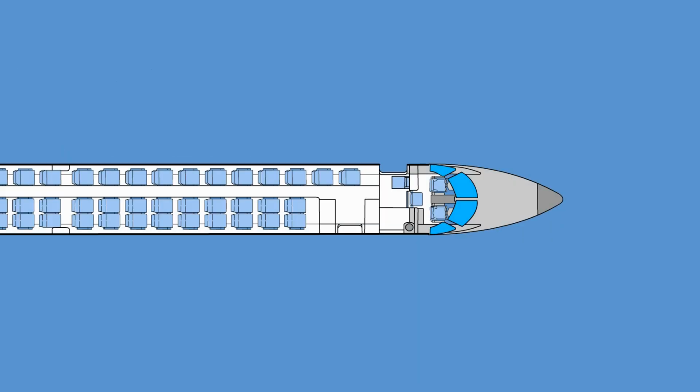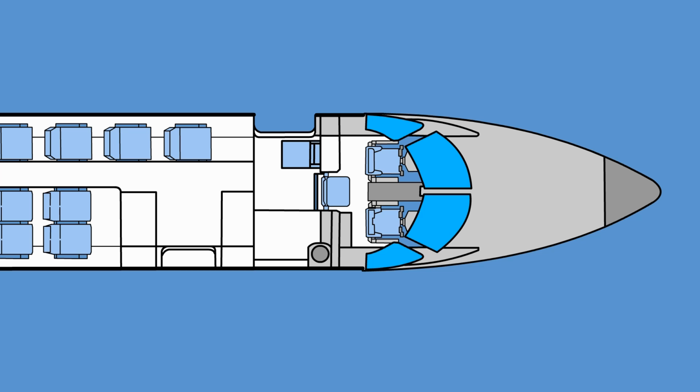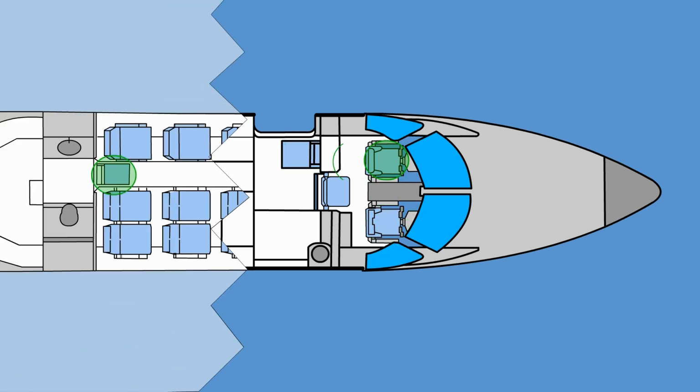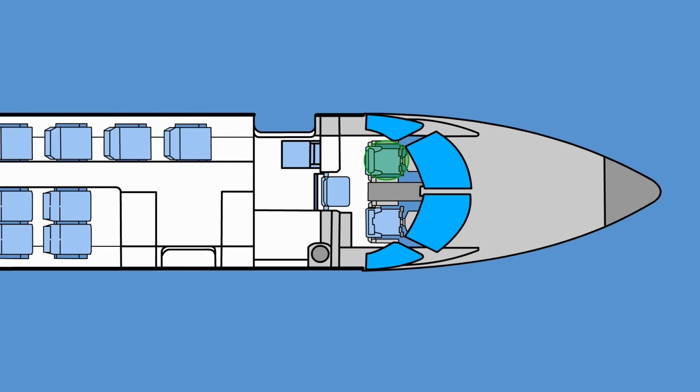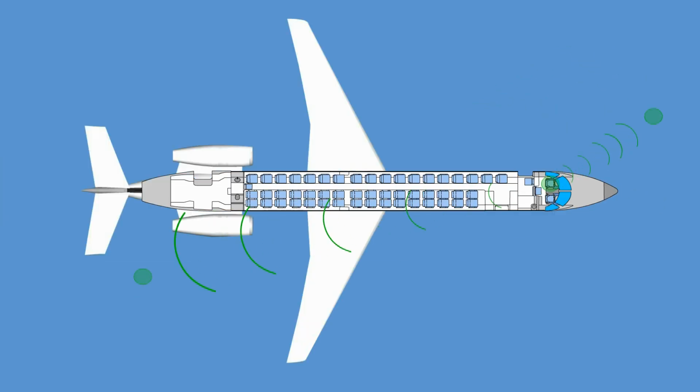They allow for two-way interphone communication between the cockpit crew members, between the cockpit crew and the forward flight attendant or rear flight attendant, and between the cockpit crew and the front ground crew station, and or the rear ground crew station.